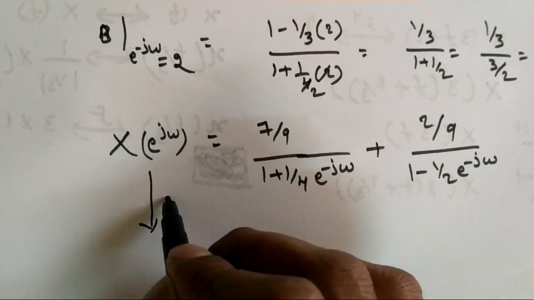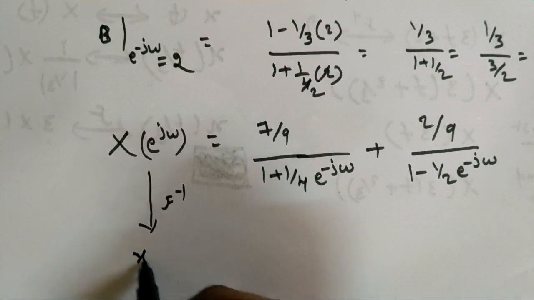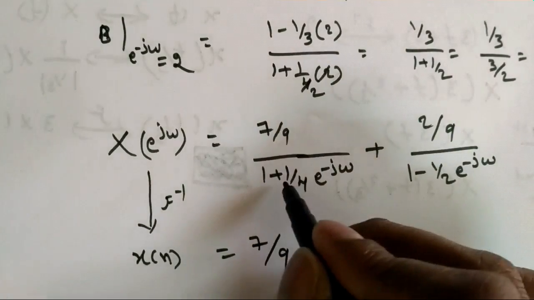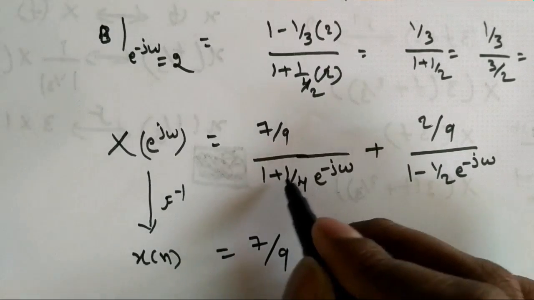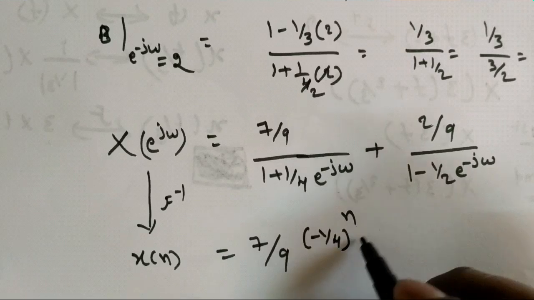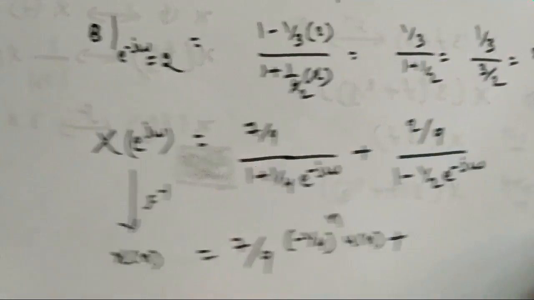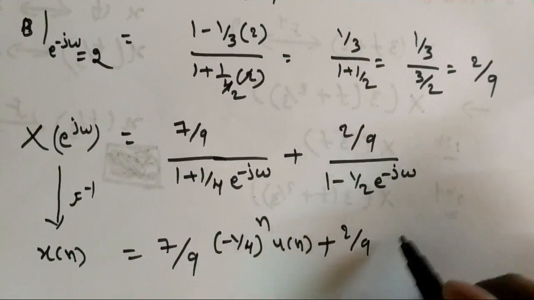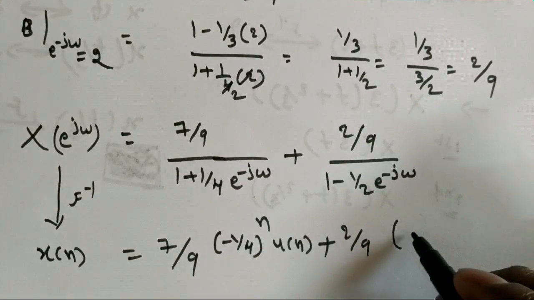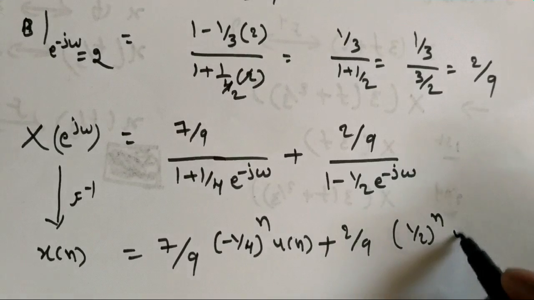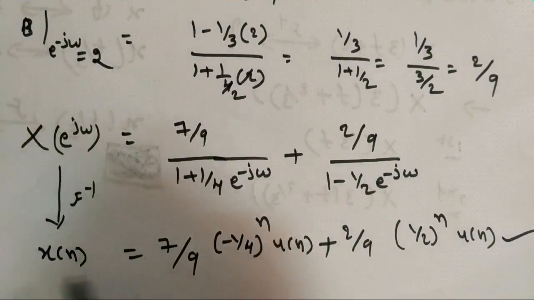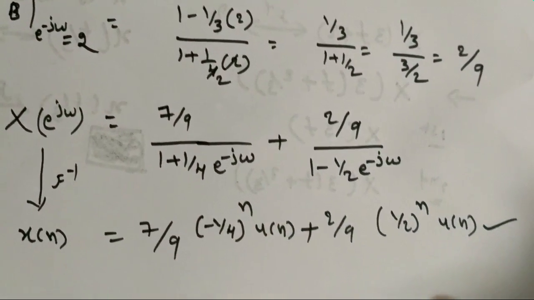So we take the inverse Fourier transform, it will become x of n equal to 7 by 9 into, 1 by 1 minus a, it is plus, so we write minus of minus a, that will become minus 1 by 4 power n u of n, plus 2 by 9 into the same form, 1 minus a e power minus j omega, so a power n u of n, which is 1 by 2 power n u of n. This is the inverse Fourier transform.